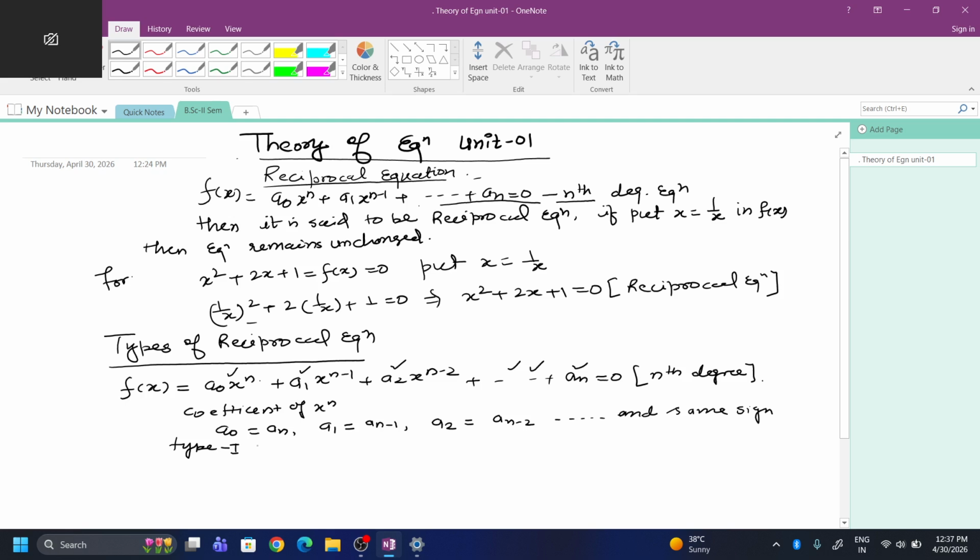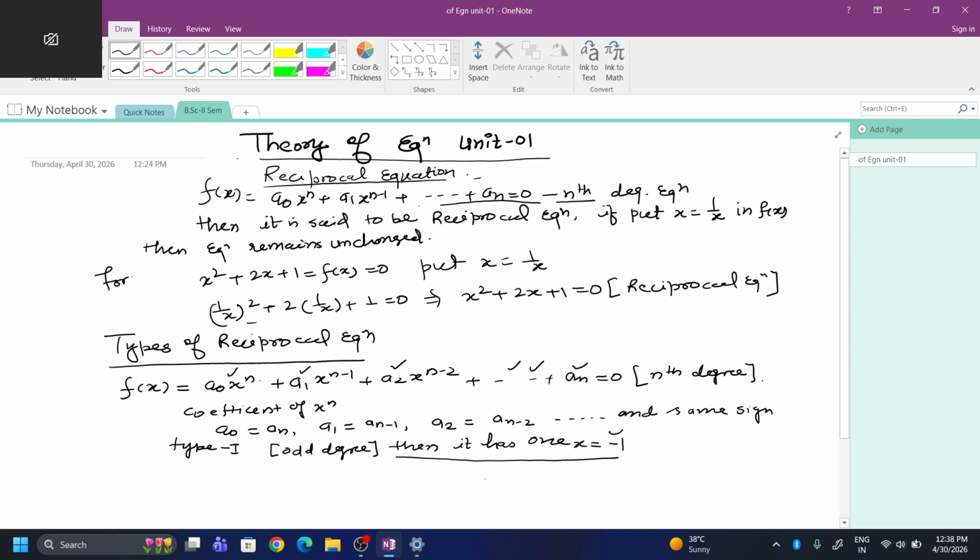And if it is type 1 reciprocal and of odd degree, that is, if it is of odd degree, then it has one root, x = -1. This point is very important. That is, if it is type 1 and odd degree, then one root is x = -1.